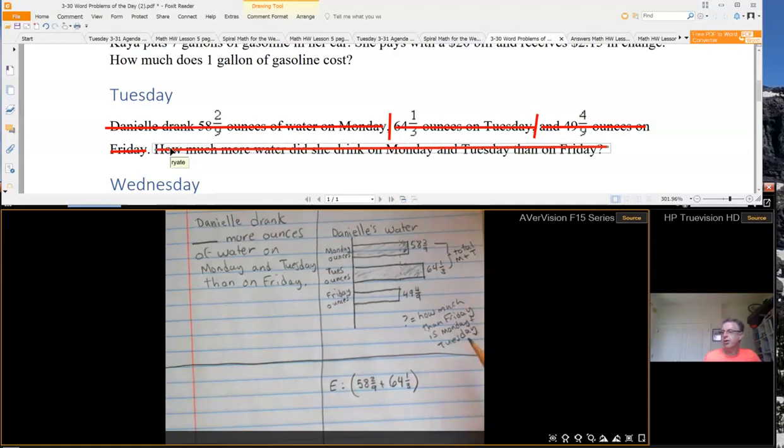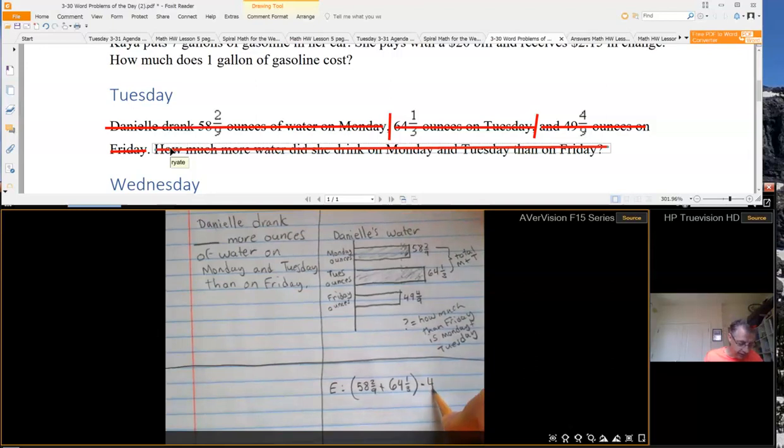What I want to do is total that up, and then I want to take away the 49 and 4/9, because that'll show me how much more Monday and Tuesday are together than Friday. So after I put my parentheses, I'm going to put a subtraction sign because I'm going to take away the 49 and 4/9 for Friday, and that's going to equal our question mark.